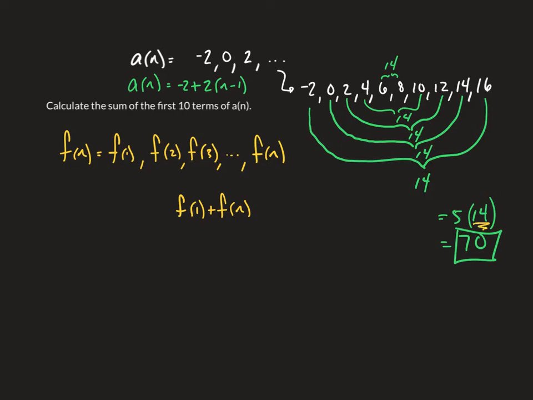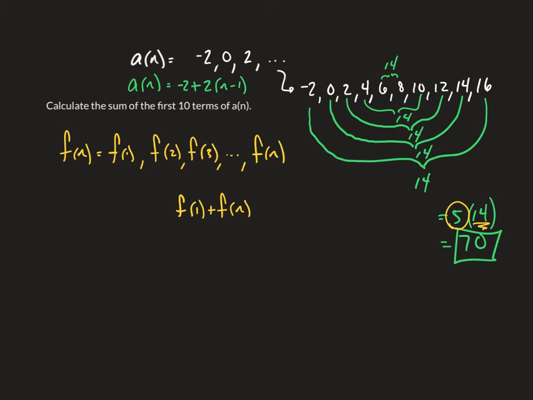And so that's sort of like this 14 that we came up with in our real example. So now the question really just is, where did we get this 5 from, and how can we get that in the future? Well, that 5 isn't a coincidence either, because remember, we were making pairs of terms. So if we take 10 terms and make pairs of them, there are going to be half as many pairs as there are terms, right? Because we're pairing every 2 terms up. So that number there is always going to be half of the number of terms you're trying to add together.